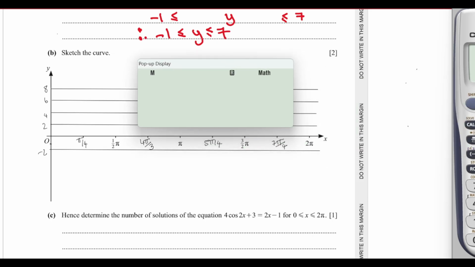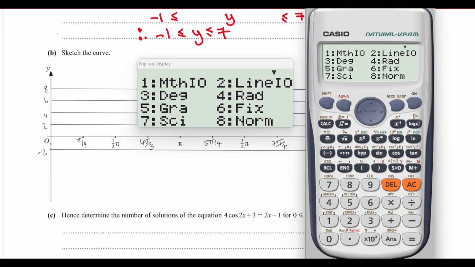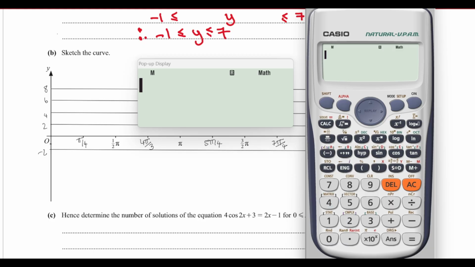Oh, I only realized now you can't see the calculator. Let me move it there. If there's an R on your calculator, it's in radians. Otherwise, you need to press Shift, Setup, and press 4 to go into radians.